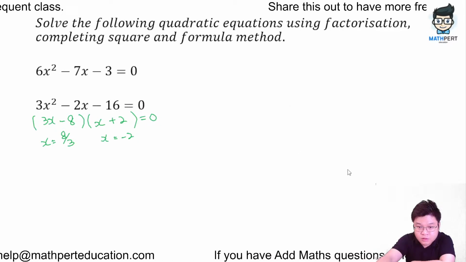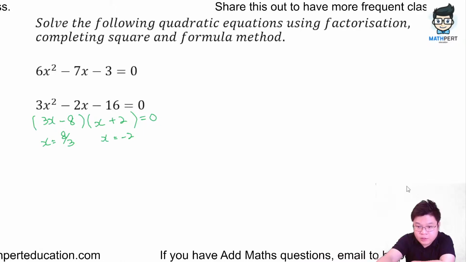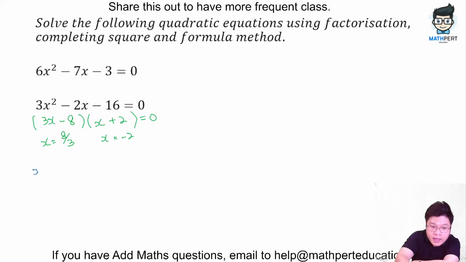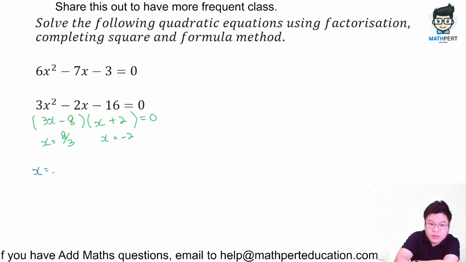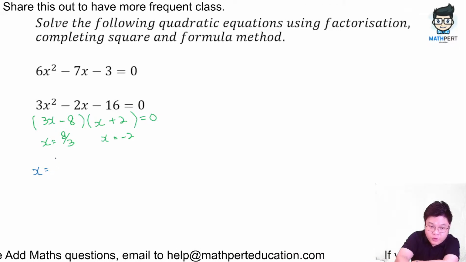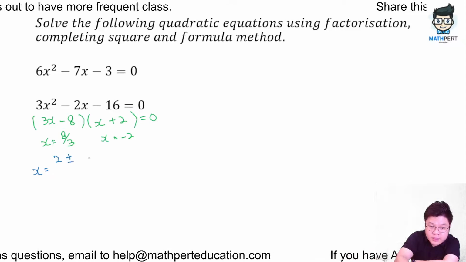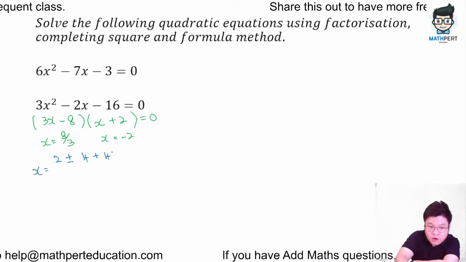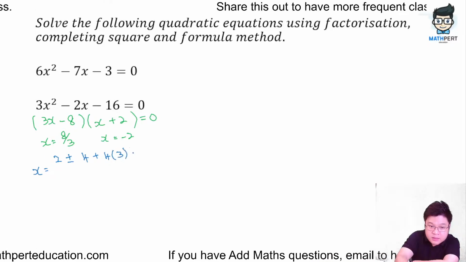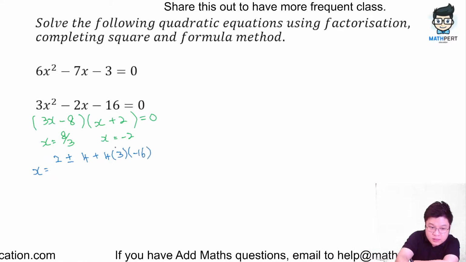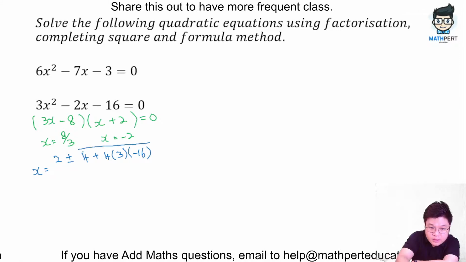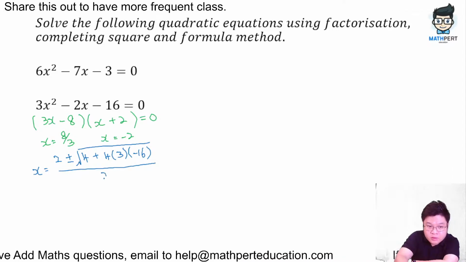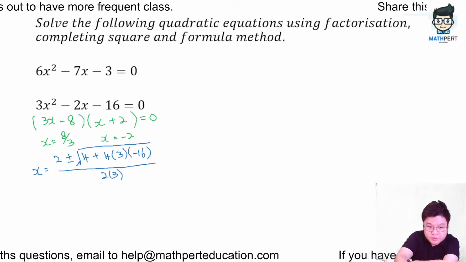Then we use completing the square. So formula method, x equals negative b, so it's 2, plus minus square root of b squared, minus 4ac, over 2a, 2 times 3.